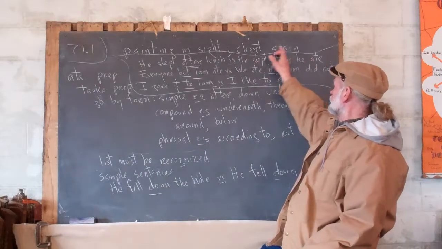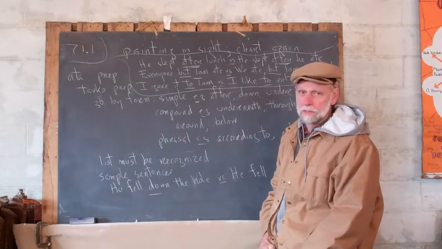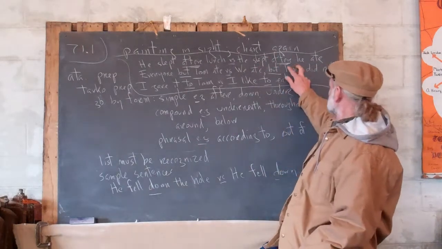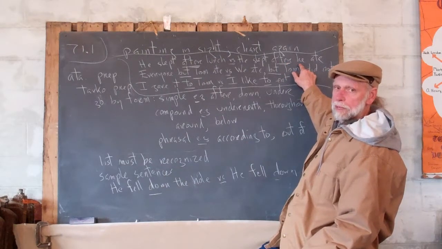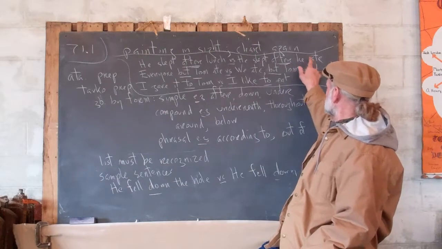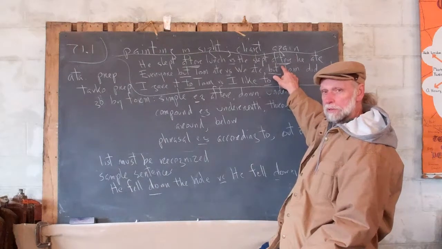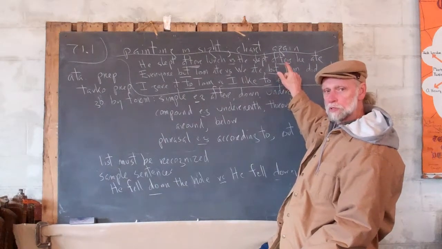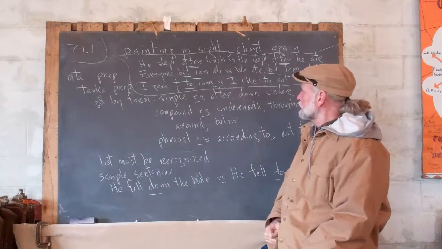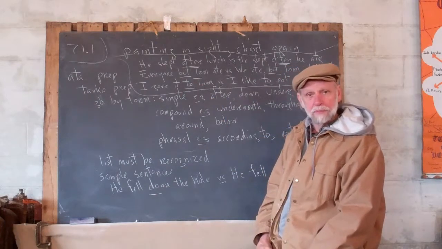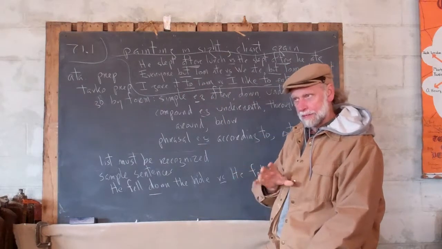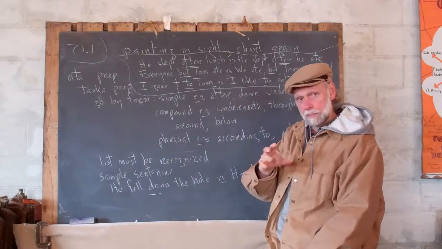But you compare that to he slept after he ate. Well, after he ate, in syntax, we're going to learn that that is not a prepositional phrase. This is a clause. He ate. It has predication. You're going to learn about this in syntax. A subject and a predicate. So after is joining it. Now it is a subordinating conjunction. Everyone but Tom ate. When the word but means except, I think you can go by that, it is a preposition.